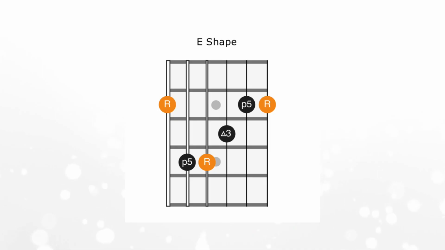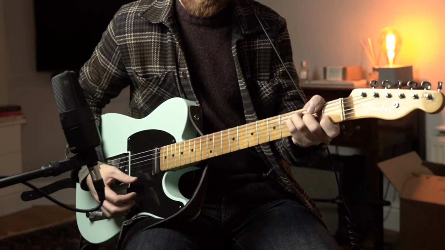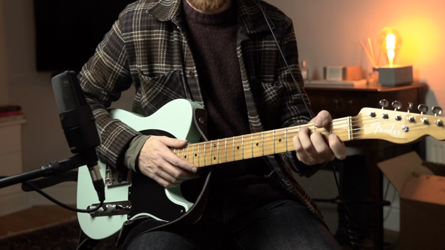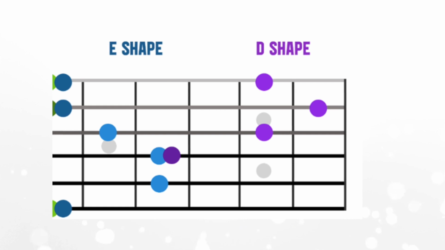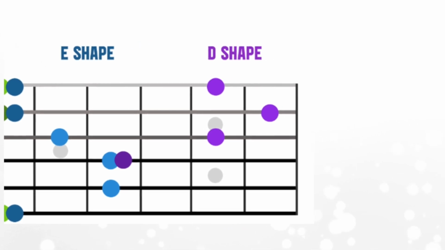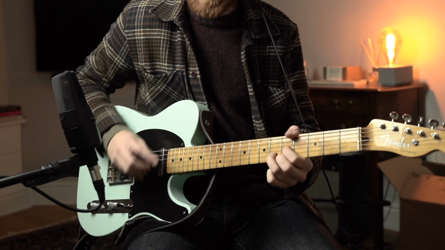So if we were to take the chord of F, so if you play F in this standard position down here, then you'll notice that your F major chord is based off of this E shape. So with this position here, we're actually starting the word CAGED on the E. So then if you follow the letters in the word CAGED, after E comes D, and then you start again.